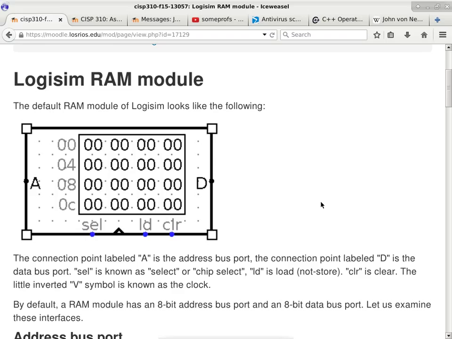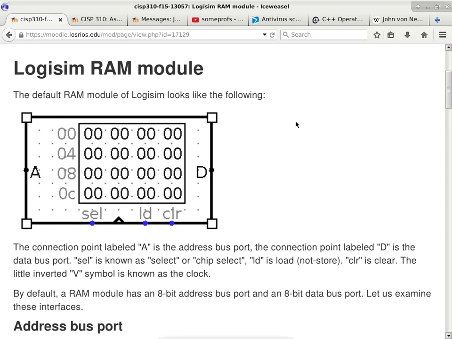So RAM is serving two functions, just like in this picture. It is storing both the numbers, the data to be processed, but it's also storing the instructions that tell the processor what to do. So that's why it is important to understand how we interface with RAM, or random access memory.